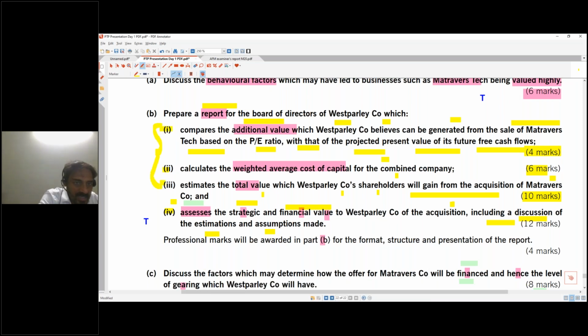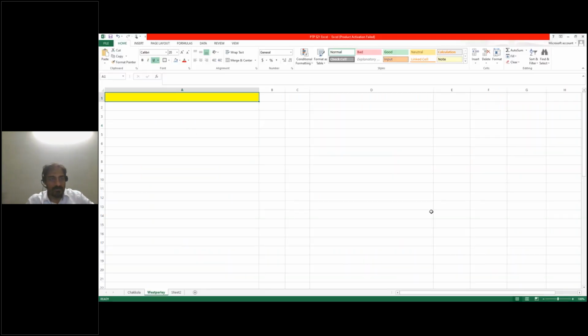These 3 are actually about the appendix. And this is what forms the part of the report. So I will start the working accordingly.